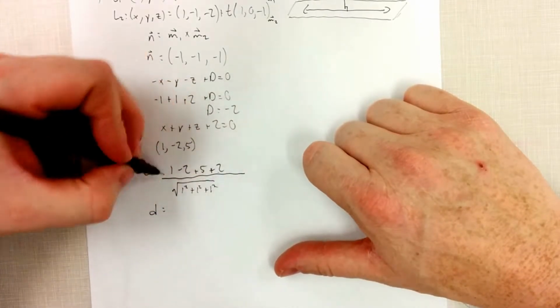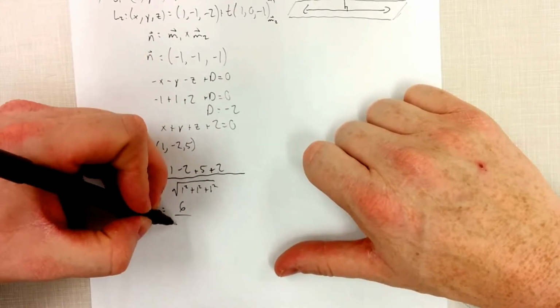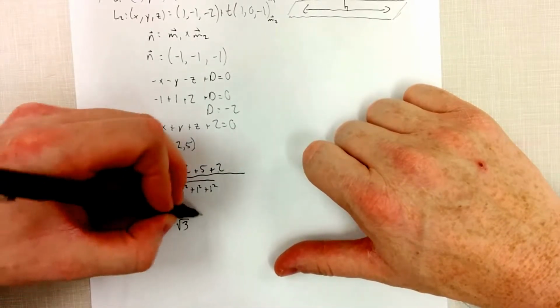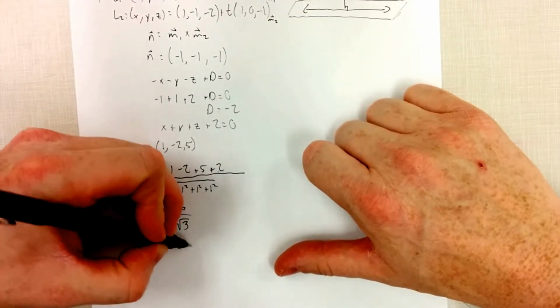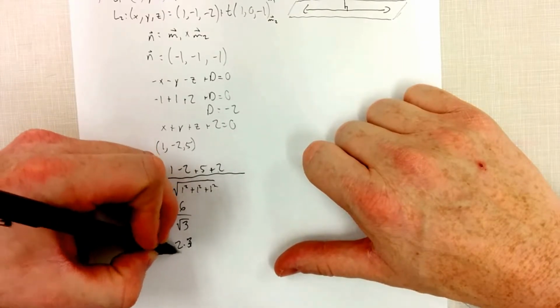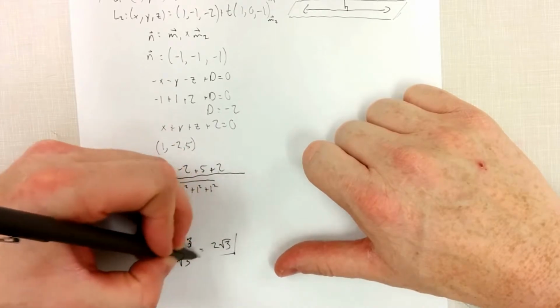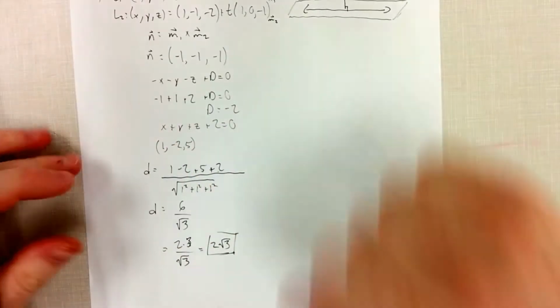So the distance will be 7, 8 minus 2 is 6, over root 3. I can clean this up. This is going to be 2 times 3 over root 3, which will be equal to 2 root 3. So that will be the distance between the two skew lines.